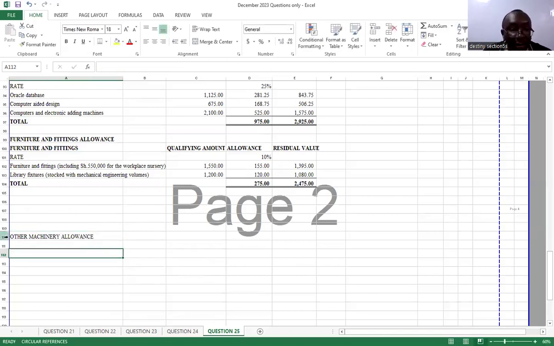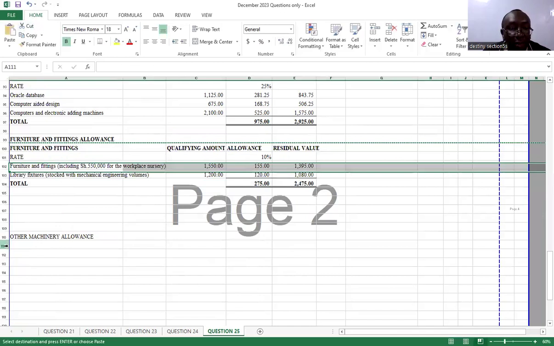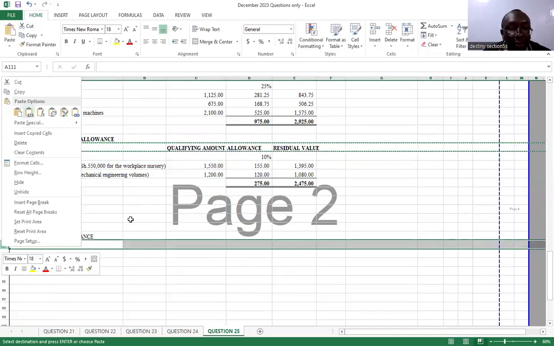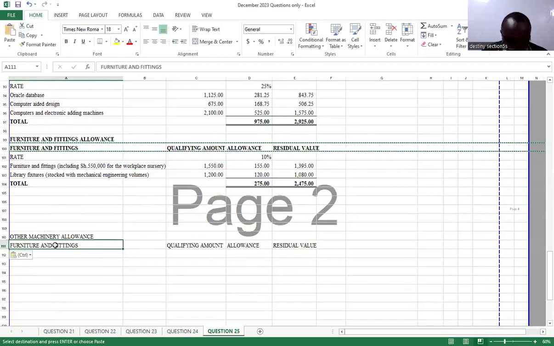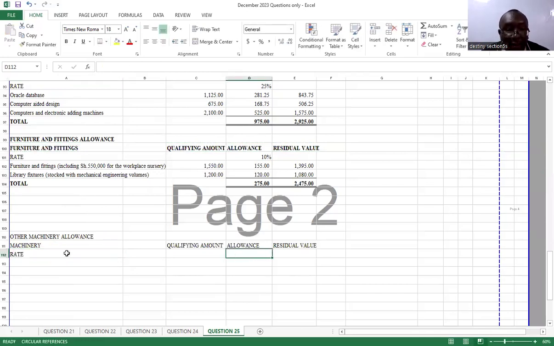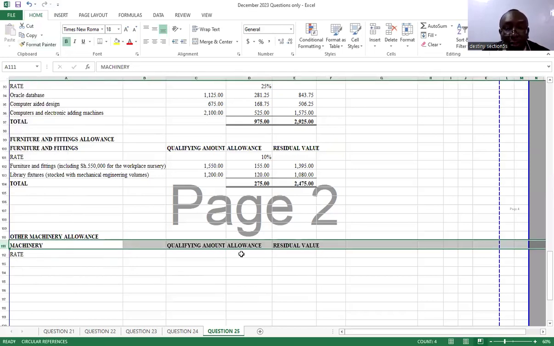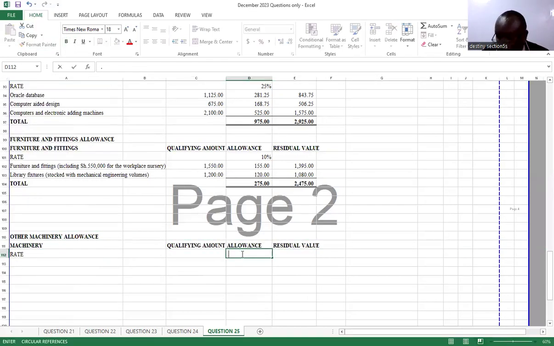Other machinery allowance. So I come and copy here. So here we have machinery. We have the rate. Other machinery allowance, the rate is what? 10%. Good. 10%, so 0.1.